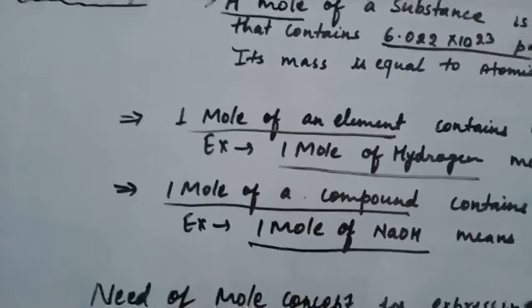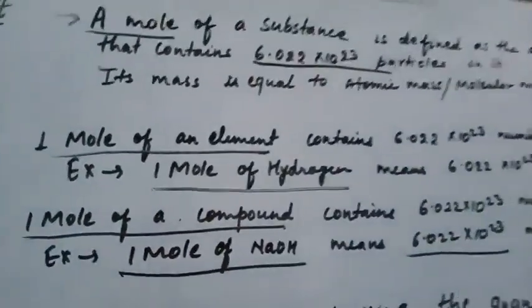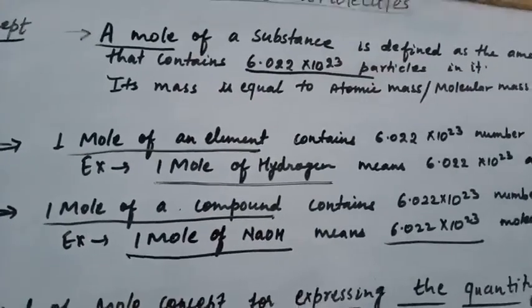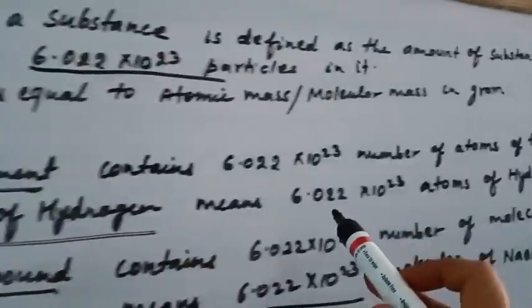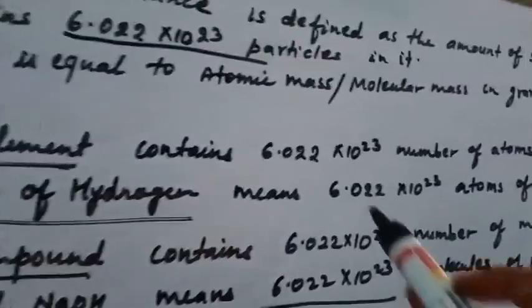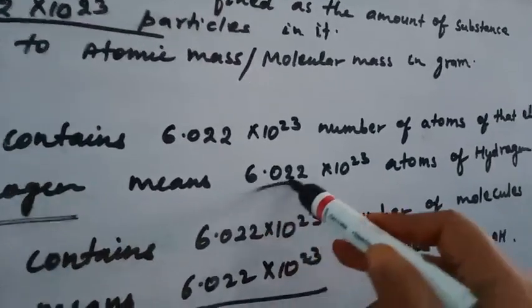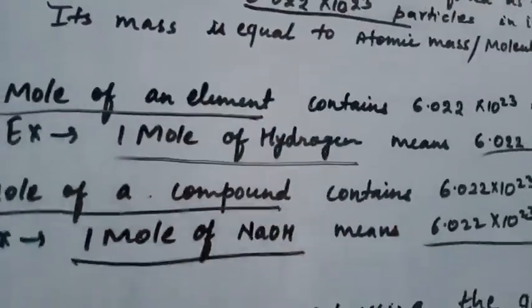For example, if we talk about 1 mole of hydrogen, it contains 6.022 into 10 to power 23 atoms of hydrogen in it. Not 1, 2 or 3 hydrogens, but 6.022 into 10 to power 23 number of atoms in 1 mole of hydrogen.